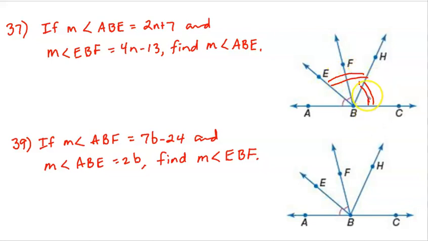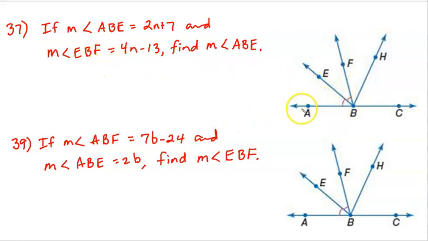So when you see these markings in pairs like that, it's indicating either congruent sides, which we will run into later, or in this case, congruent angles. So it's understood by those markings that these two angles are the same, by these red marks.